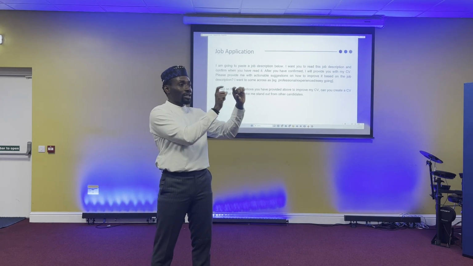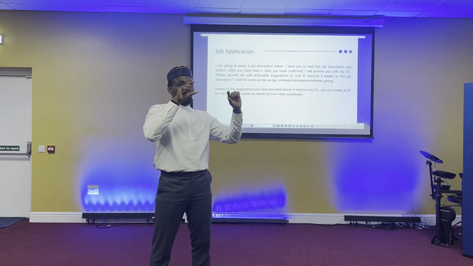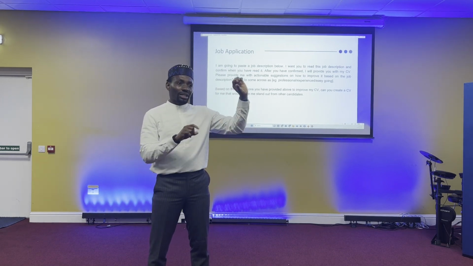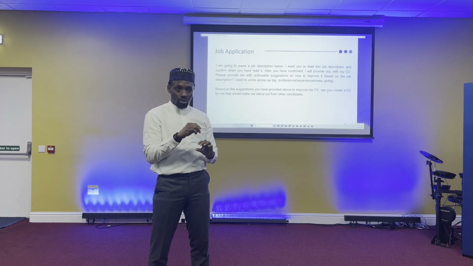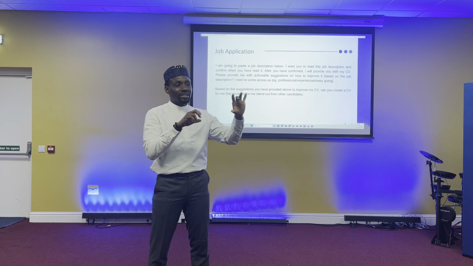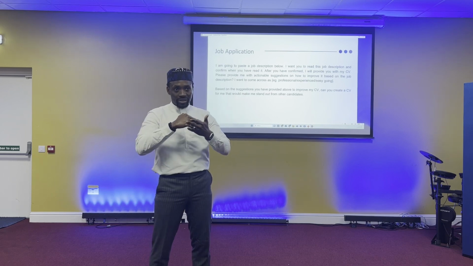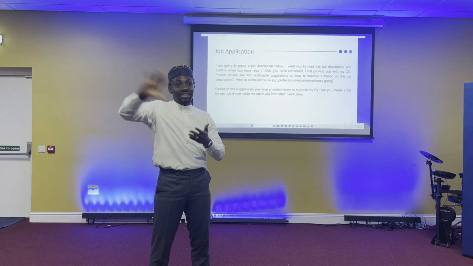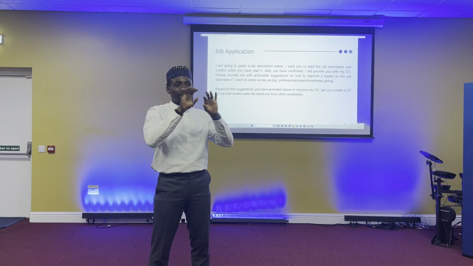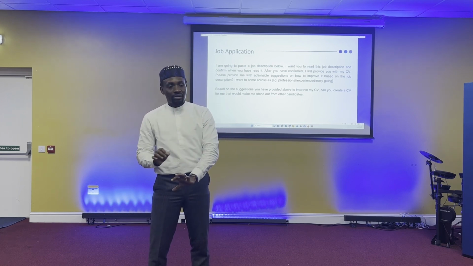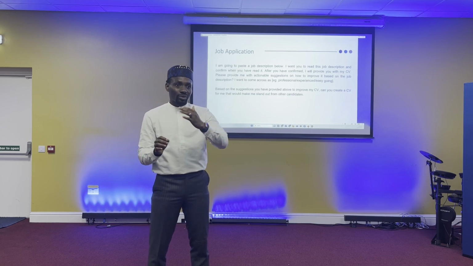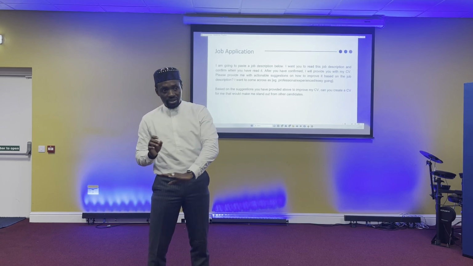So for example, if you say, here is my CV, colon, and you paste your CV, it knows that that is where your CV is. Then you go to the next part. If you press shift and enter, it goes to the next line. It doesn't paste it. So you press, here is my CV, colon, you paste it, shift and enter, here is the job description, or the other way around. You paste it, you understand? Then you now press enter.